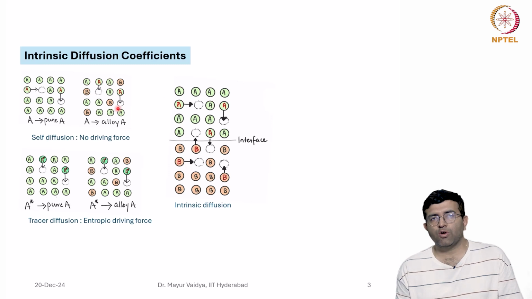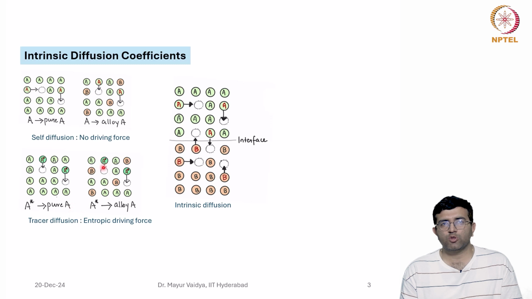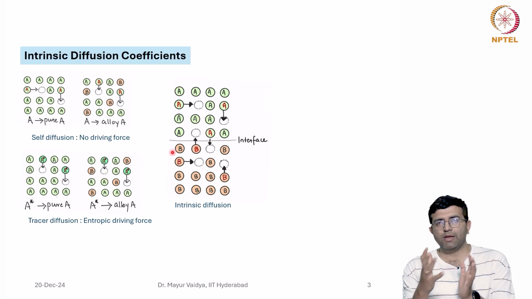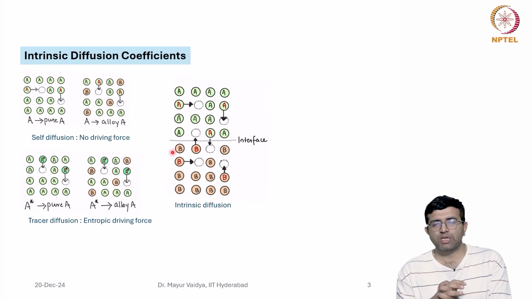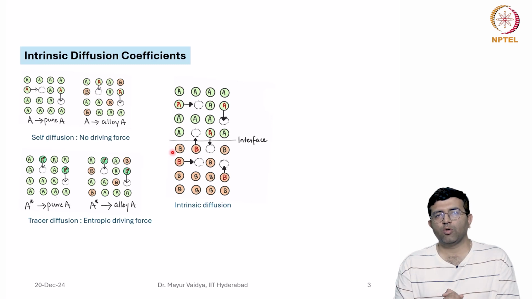The diffusion of A with no driving force is what you refer to as self diffusion, that means diffusion of A in pure A or in alloy A. When it is purely entropic driving force, then you call it tracer diffusion, or here it is the diffusion of a radioactive isotope of A. It need not actually be radioactive, it can be any other isotope of A also. And then there is a third scenario, when you have a relatively large chemical driving force present. In such a scenario, how fast the A moves is what is known as the intrinsic diffusion coefficient.